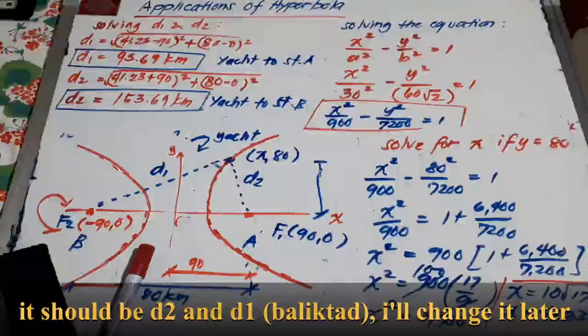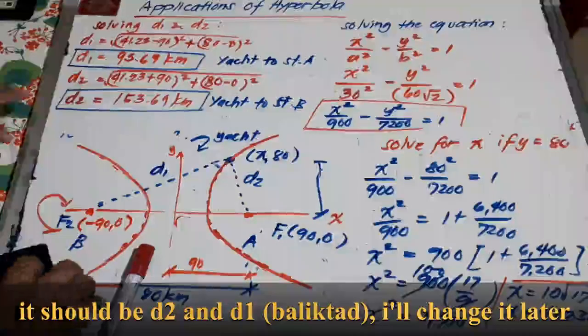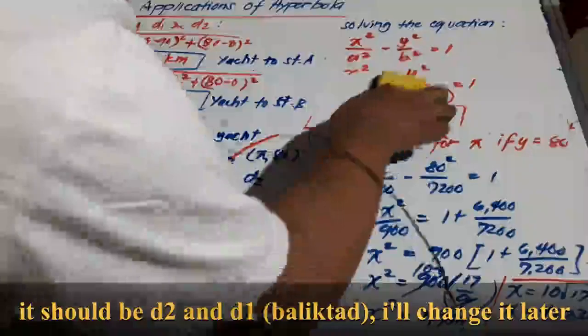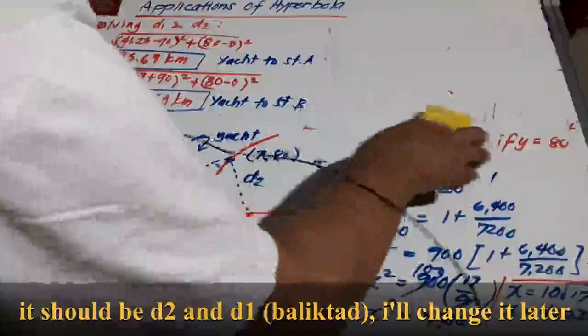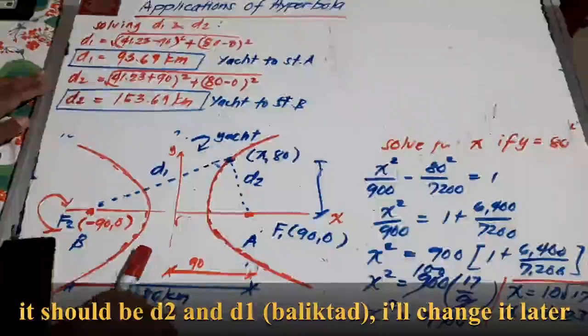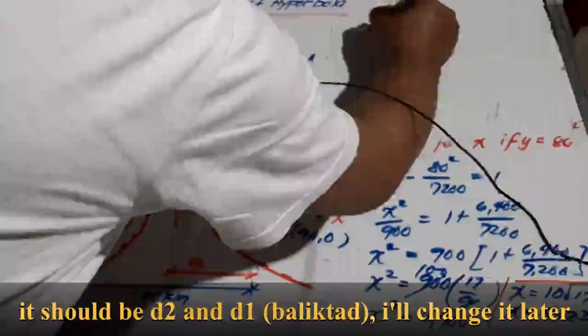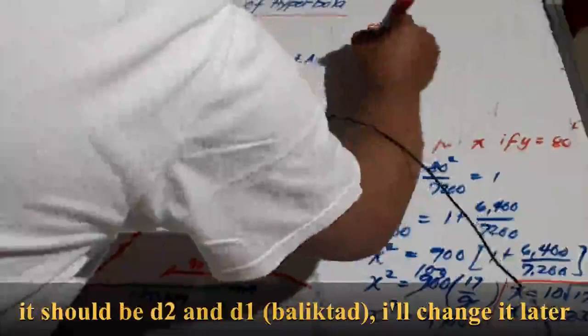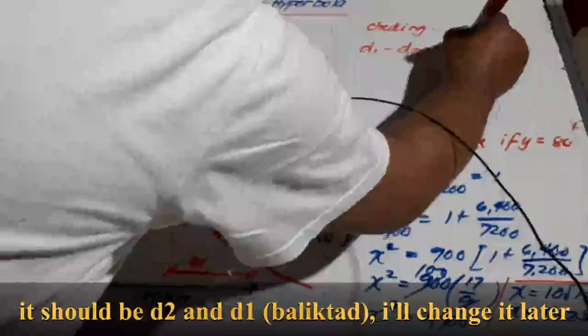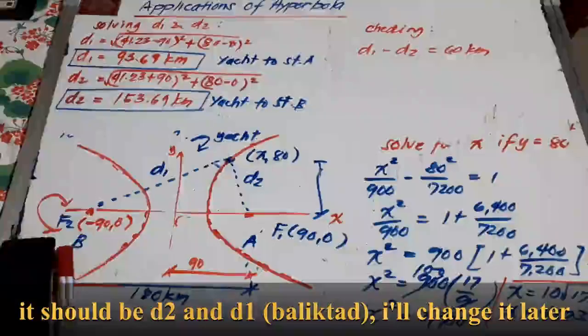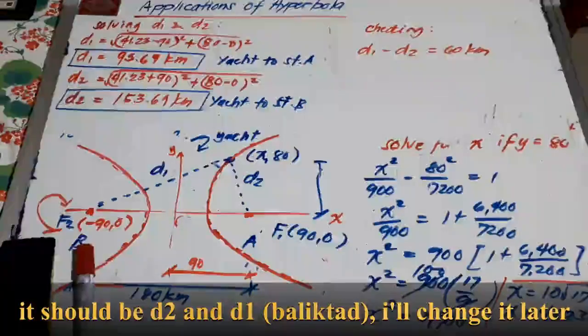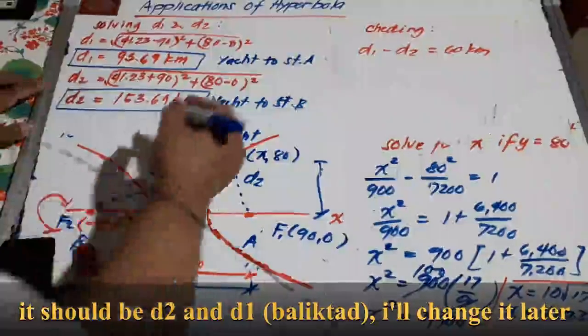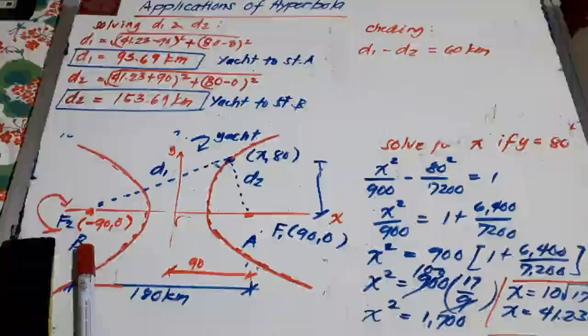Now, sabi natin, mas malapit daw ng 60 kilometers yung station A sa yate as compared dun sa station B. Okay, check daw natin. Dapat lalabas, if we get the difference of the two distances, dapat ang difference ay 60 kilometers. So, checking. D1 minus D2 should equal 60 kilometers. Kasi mas malapit daw siya kay station A ng 60 kilometers kesa sa station B. So, 153.69, baliktad.